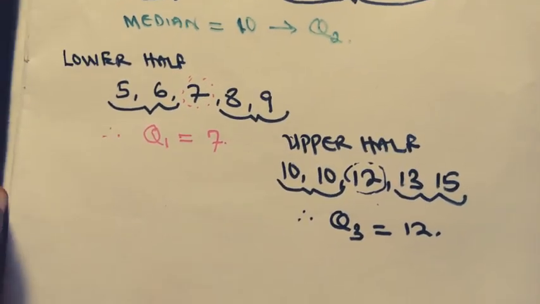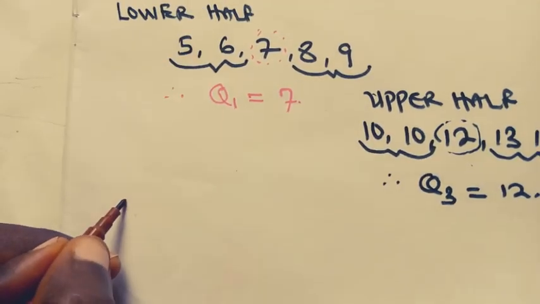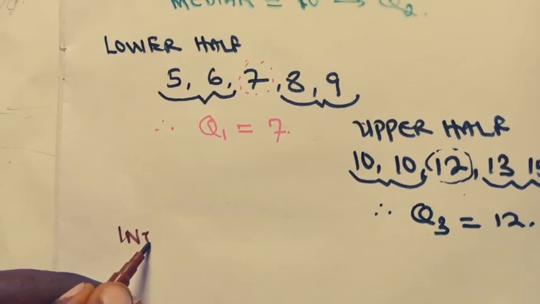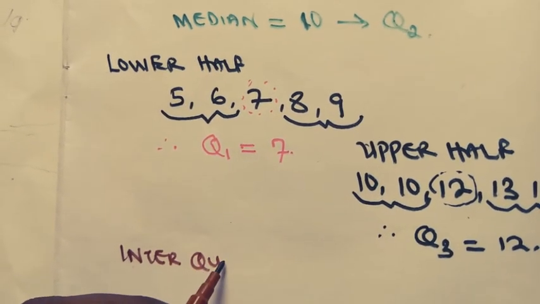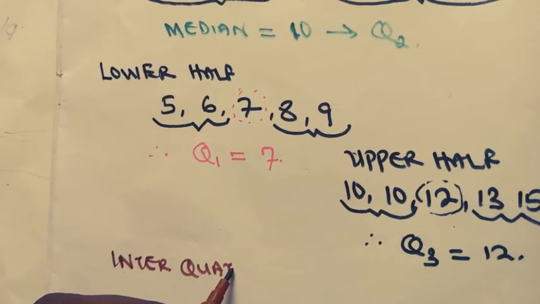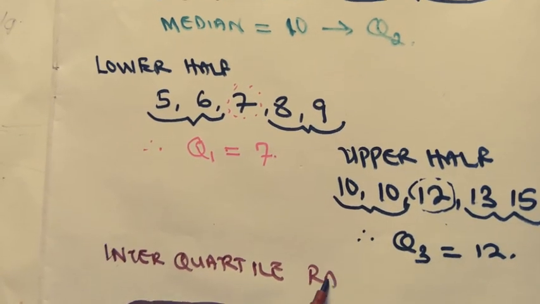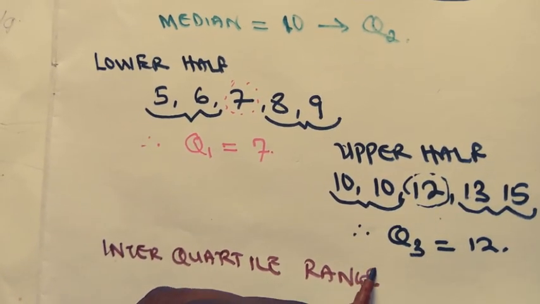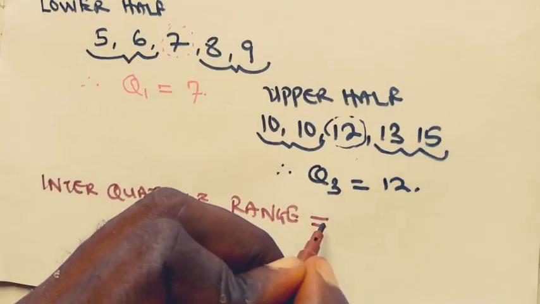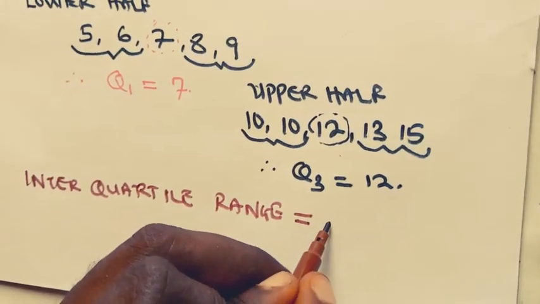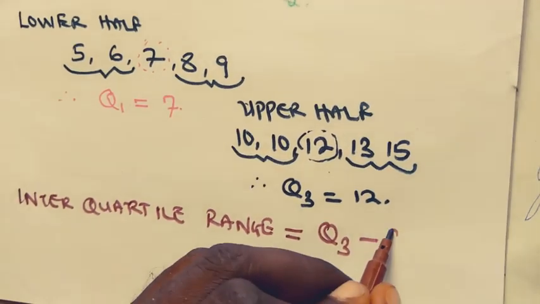And then, having gotten Q1, Q2, and Q3, we can find our interquartile range, and that is simply given by the difference between Q3 and Q1.